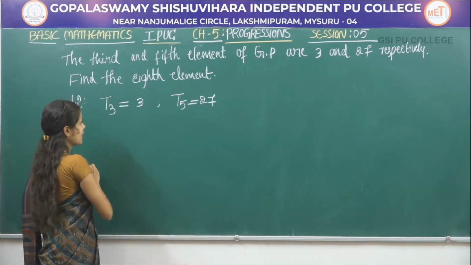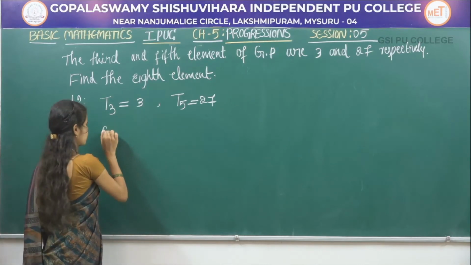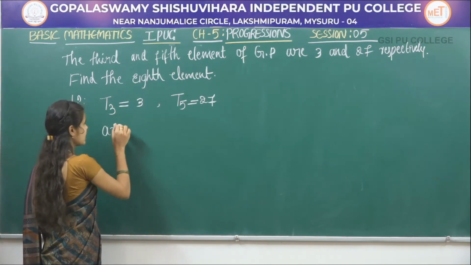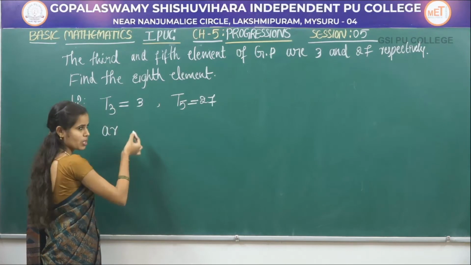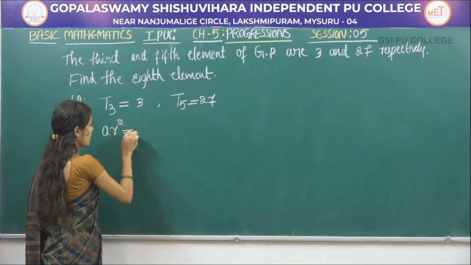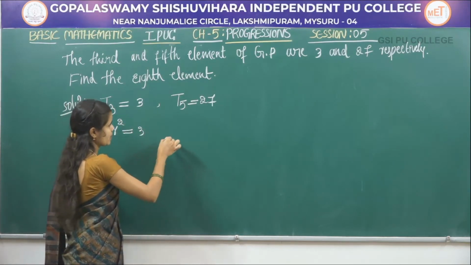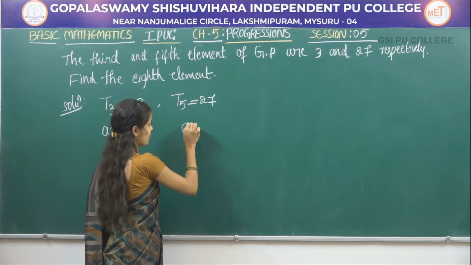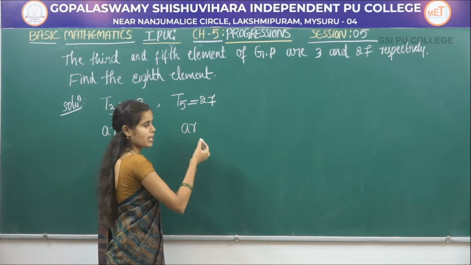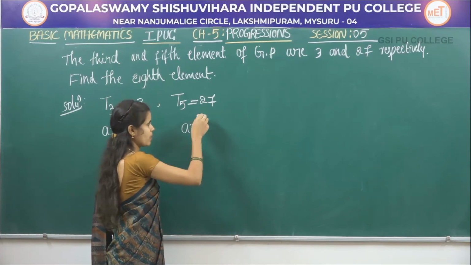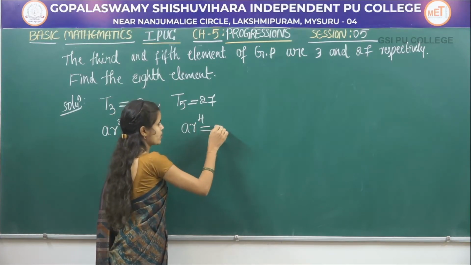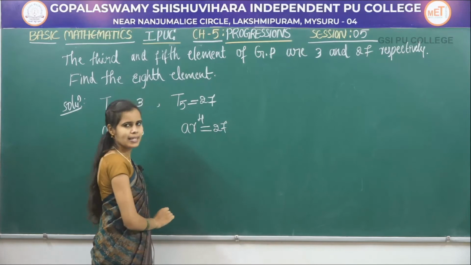T3 can be defined as A R to the power of n minus 1. 3 minus 1 means 2. So A R square is equal to 3. T5 can be defined as A R to the power of n minus 1, where n is 5 and 5 minus 1 means 4. So A R to the power of 4 is equal to 27.